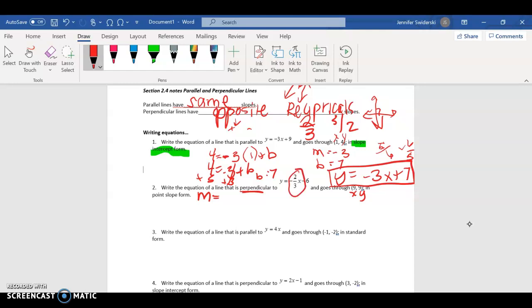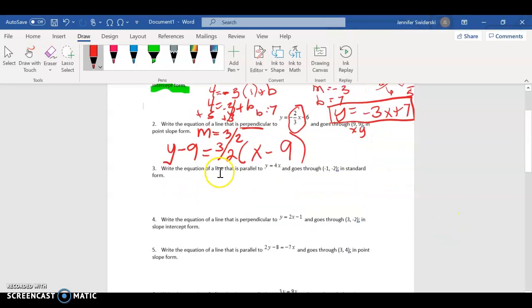Well, the opposite reciprocal of -2/3, the opposite would be positive, and the reciprocal would be 3/2. Well, they want this in point slope form. So my point, we already know, is 9, 9. So this one's easy peasy. y minus y1, which is 9, equals my slope, 3/2, times x minus x1. There you go, bada boom, bada bing.